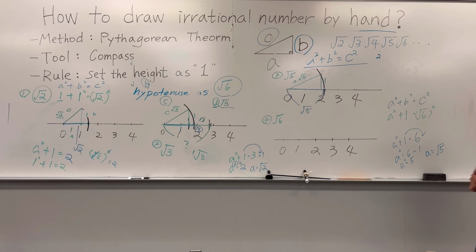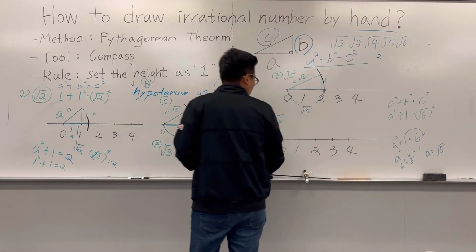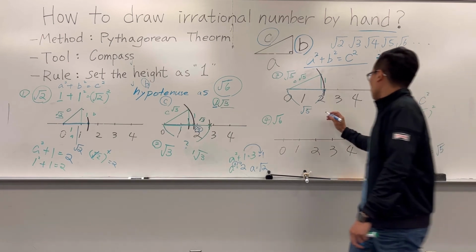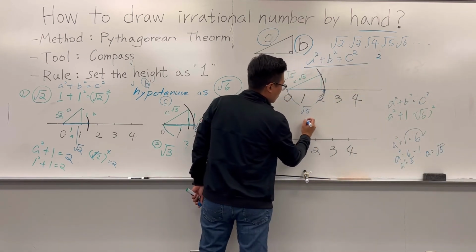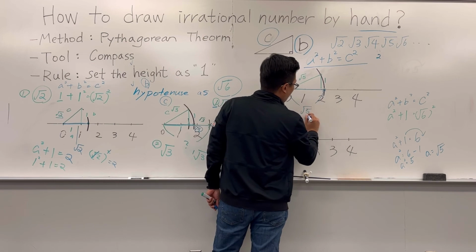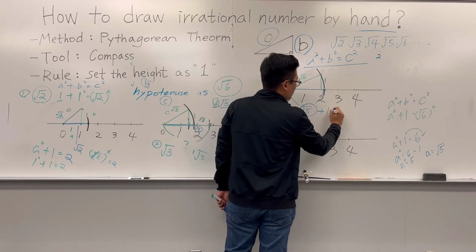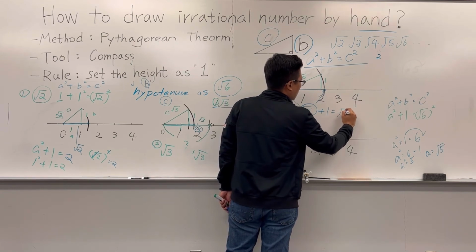Okay. Now we put the square root of 5 here. I'm going to write down the formula again: the square root of 5, plus 1, is equal to the square root of 6.